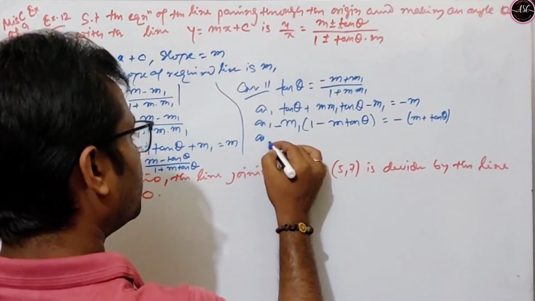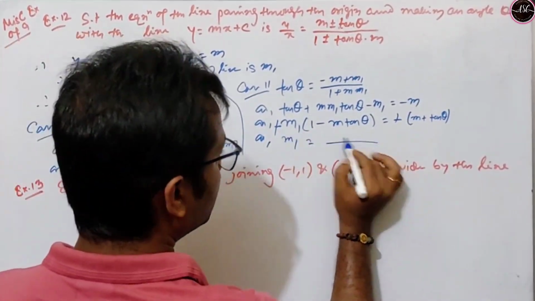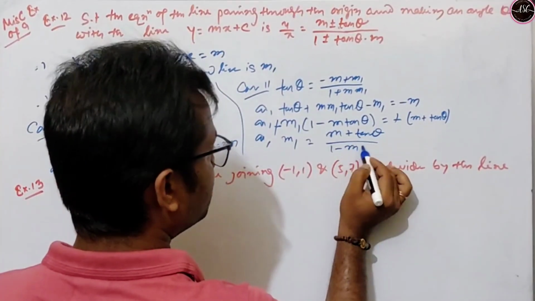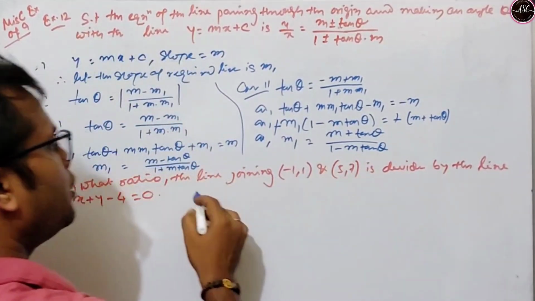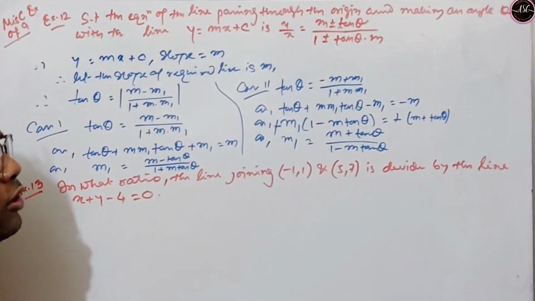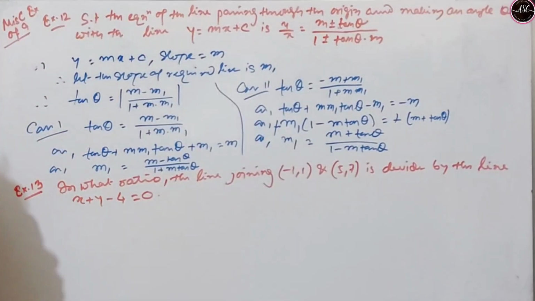The minus signs cancel out, and m1 equals (m plus tan theta) divided by (1 minus m tan theta). So just look here: m1 equals (m minus tan theta) divided by (1 plus m tan theta), and m1 equals (m plus tan theta) divided by (1 minus m tan theta).